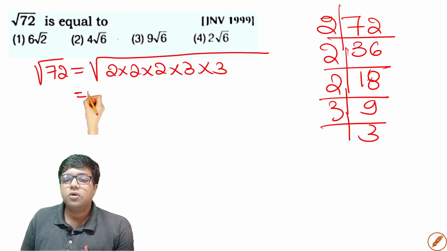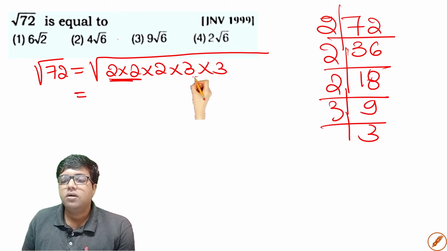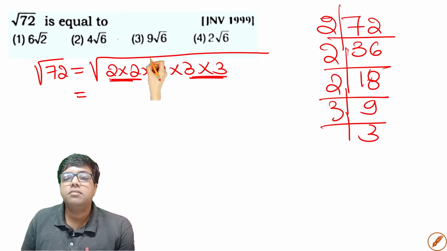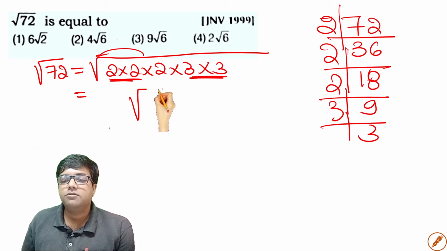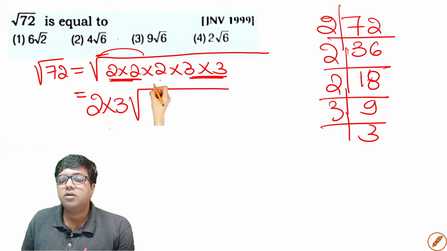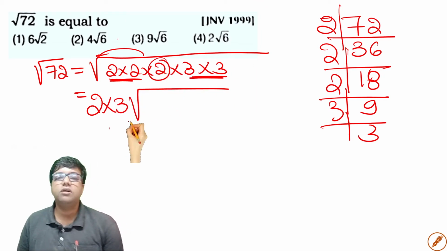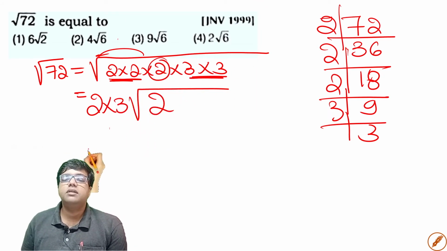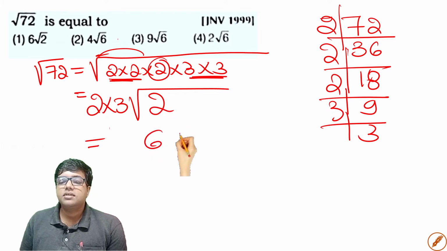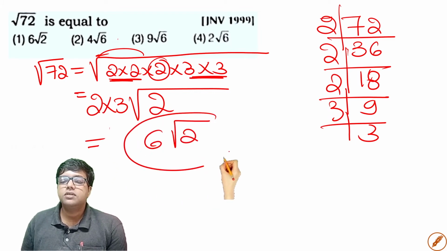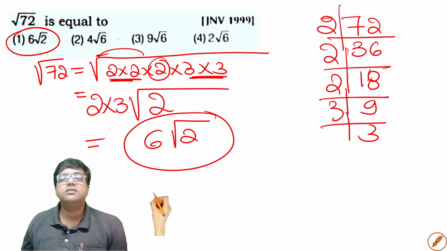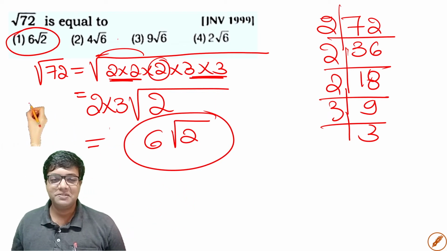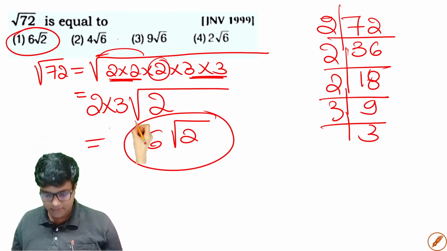All the numbers which are in pairs will come out of the root. So 2 will come out, and 3 will also come out because they are in pairs. The only one which is not in a pair is 2, so 2 will remain inside. So 2 3s are 6 and root of 2. 6 root 2 is the right answer for this question. So option 1 is the right answer.